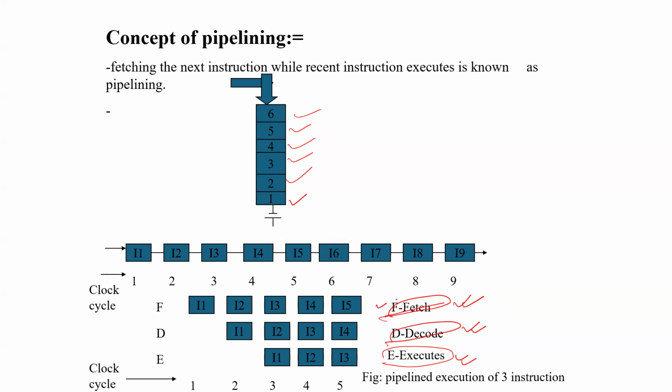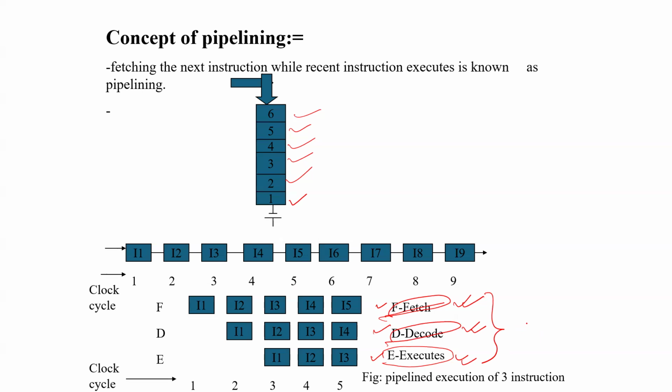Fetching means first it will be fetched into the 8086 microprocessor. After that, it will be decoded. After that, it will execute. So in the microprocessors before 8086, when we gave an instruction to the microprocessor, all these three things were done first.